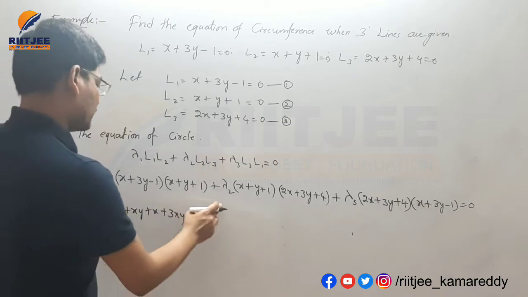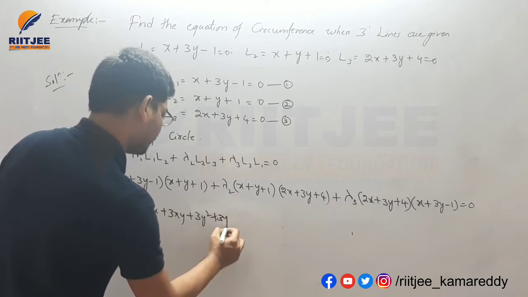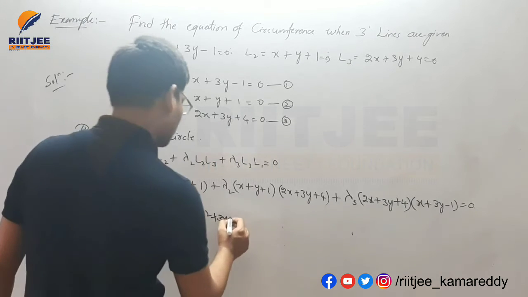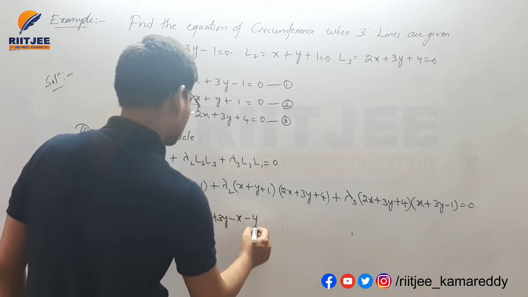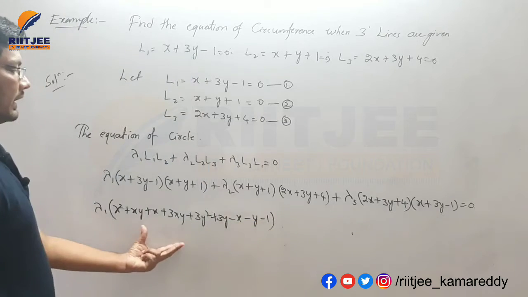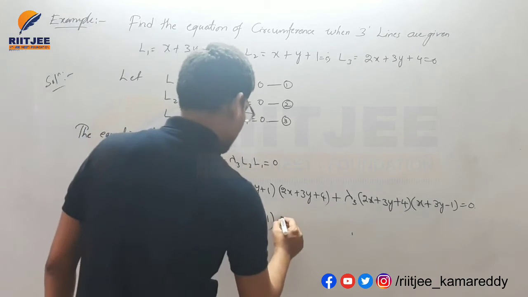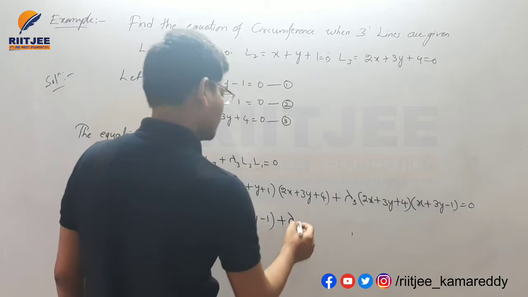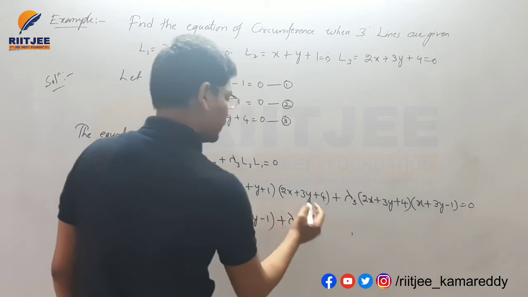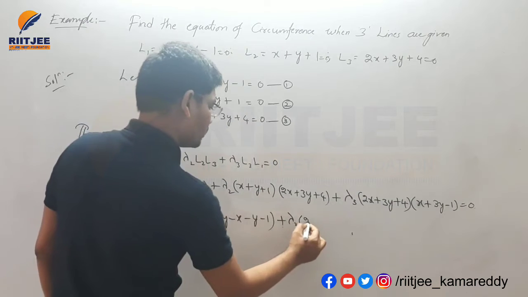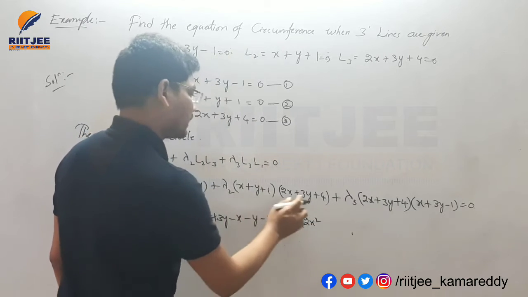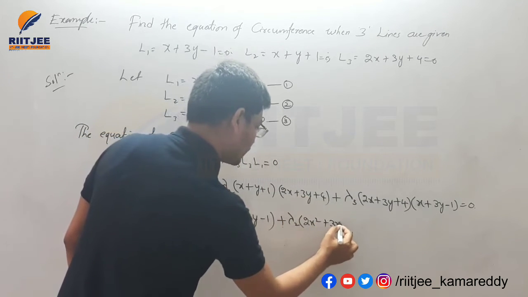Next the final term, that is 3y. Next minus 1 into this term, the total will become negative. This is the complete expansion for this one. Next lambda 2 into x into 2x, 2x square, plus x into 3y, 3xy.